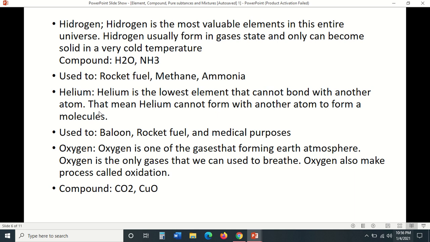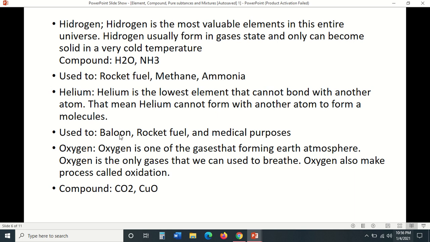And then there is helium. Helium is the lowest element that can form with another atom, as I mentioned before. That means helium cannot form with another atom to form a molecule. But helium in its element state can be used to fill a balloon, making the balloon fly.